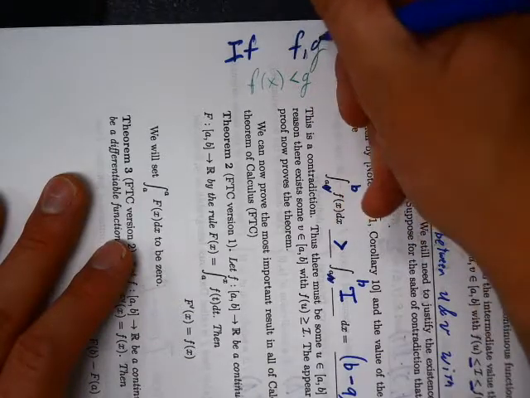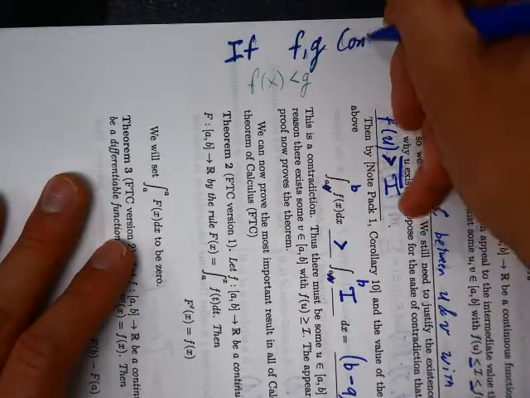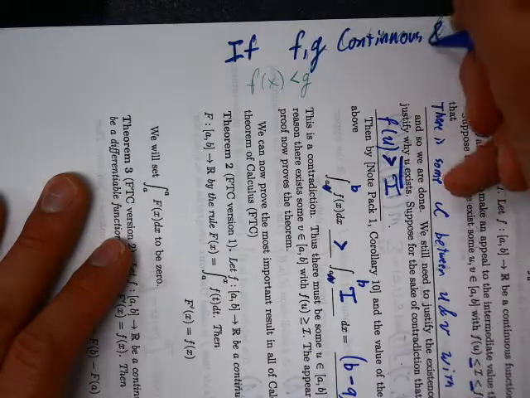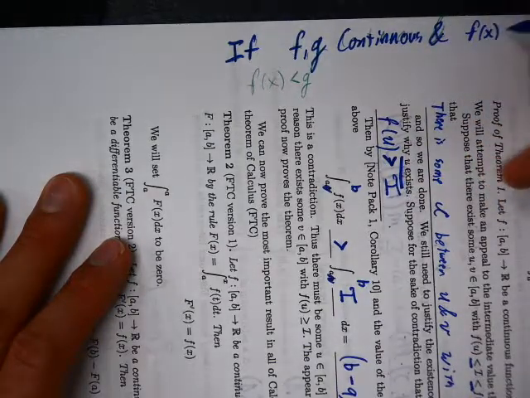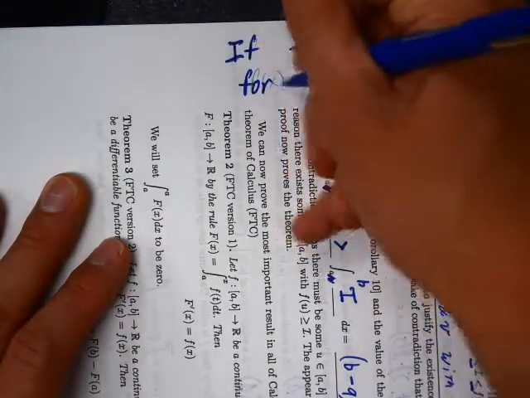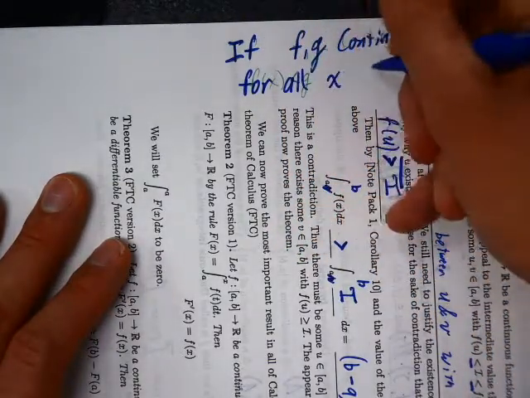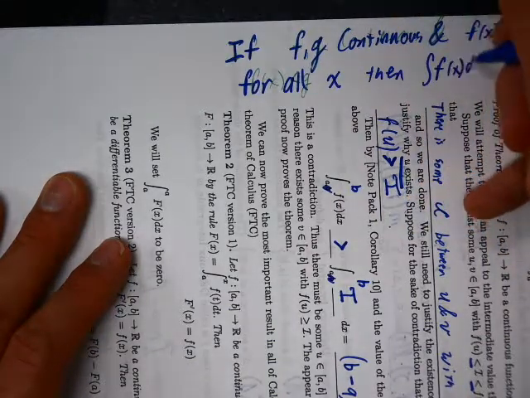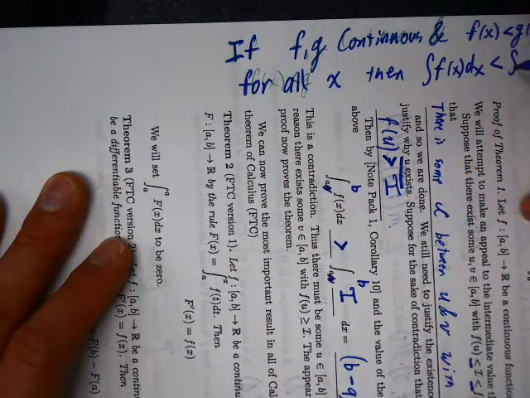If f and g are continuous, and f of x is strictly less than g of x for all x, then the integral of f of x dx is strictly less than the integral of g of x dx.